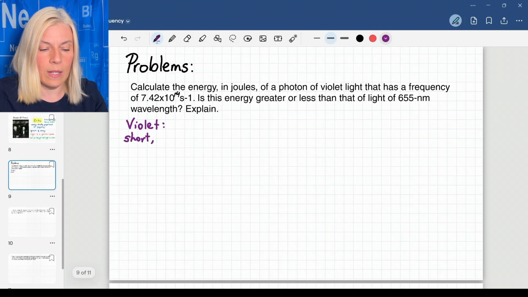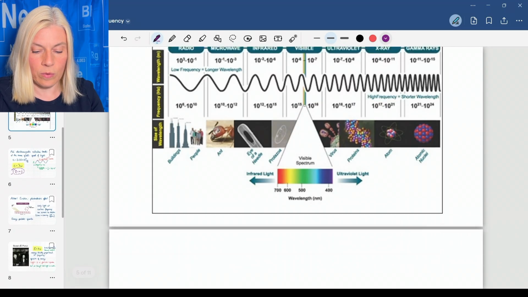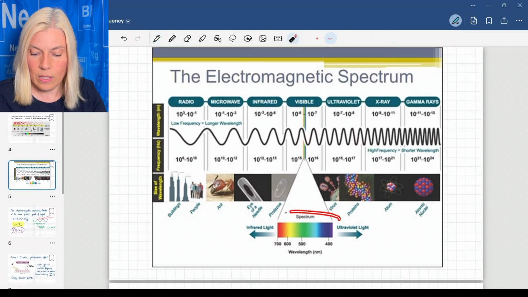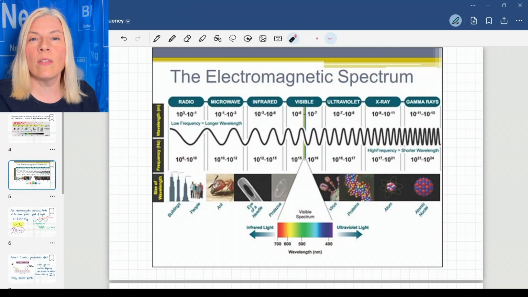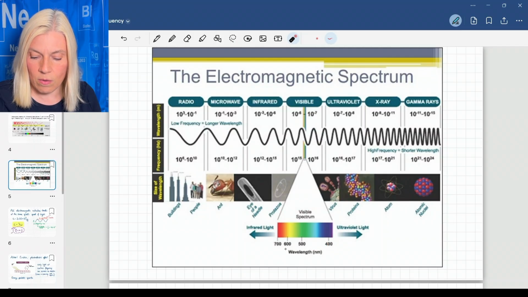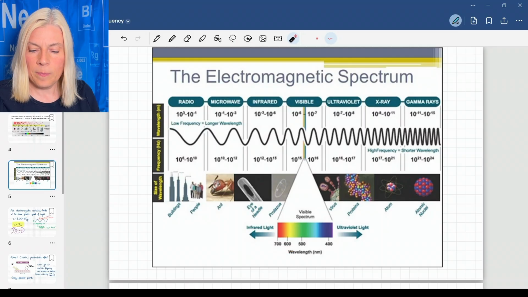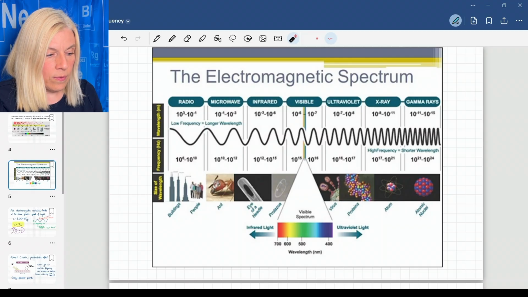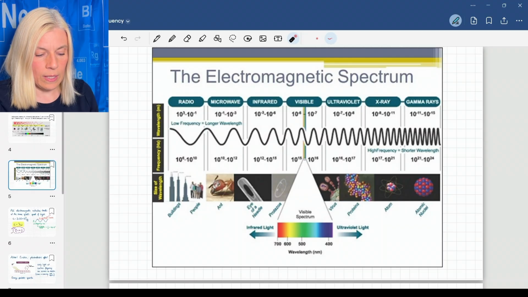Let's look quickly at our picture. We have violet light, and look at the wavelengths: this is the short wavelength end. Then we have light that's 655 nanometers. It's going to be right here, and it's going to be red. So this is a longer wavelength, and it's going to be low frequency.